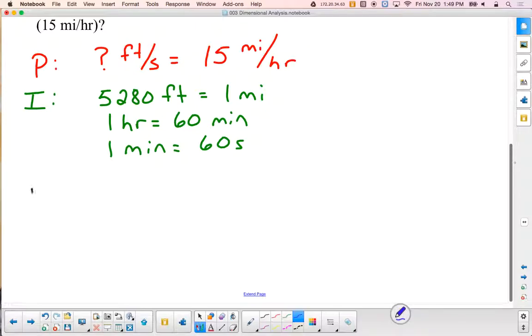And I'm going to build two separate plans. One plan for the numerator, one plan for the denominator. The numerator is pretty easy. I'm going to hop straight from miles to feet. In the denominator, I'm going to have to start in hours. I'm going to hop to minutes, and then to seconds.